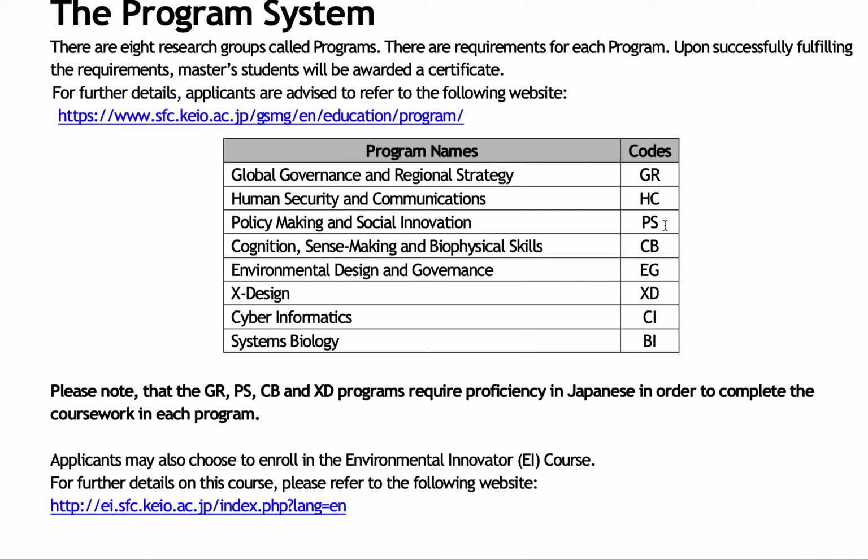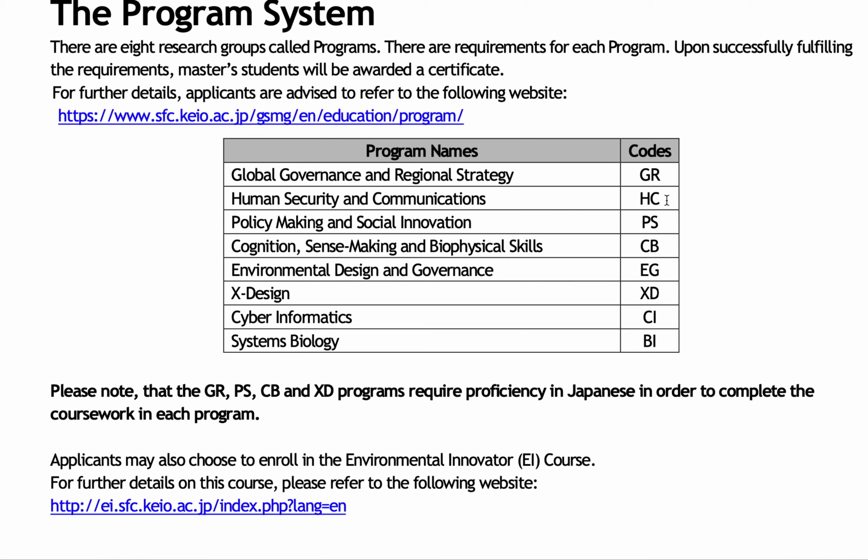And if you want to apply for other programs, it's better to have Japanese language skills, because the professors are all Japanese. You have to communicate with them, right?